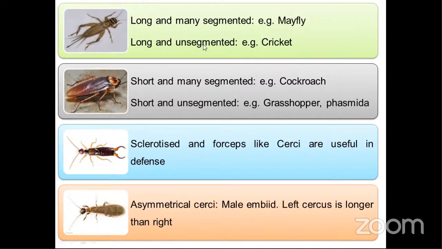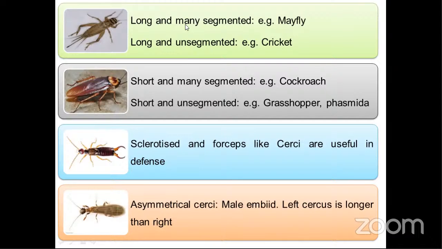But in the case of crickets, cerci are long and unsegmented. In the case of mayfly, segmented cerci. It's a very, very important point. In cockroaches, cerci are short and many segmented. Like that, in grasshoppers, cerci are short and unsegmented.